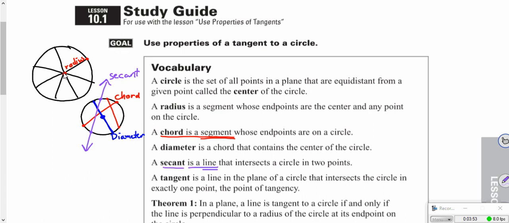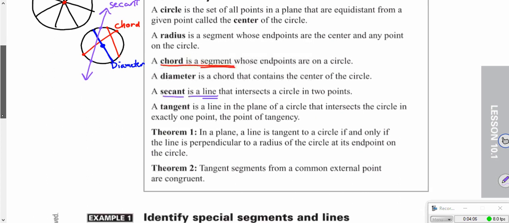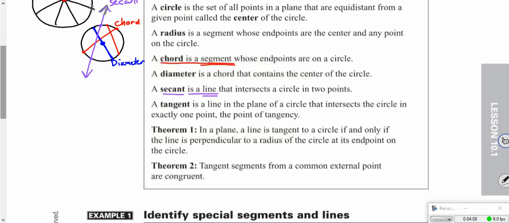Big difference. Now, in particular, a tangent is a line in the plane of a circle that intersects the circle in exactly 1 point. I'm going to scroll down a little bit because I have to draw a new circle here. I should probably use my circle tool to get a really nice pretty one.